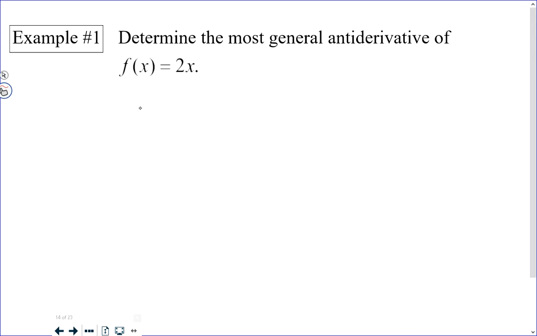So example 1 says, what is the most general antiderivative of f of x equals 2x? So John is sitting here and John thinks, well, capital F of x is x squared. Because if you differentiate x squared, you get 2x.